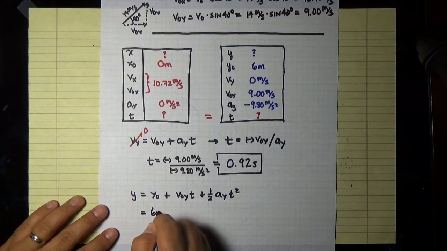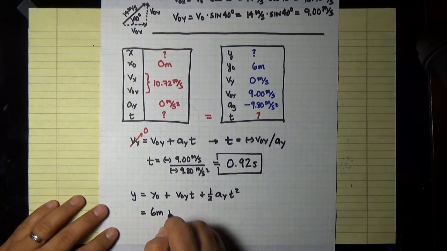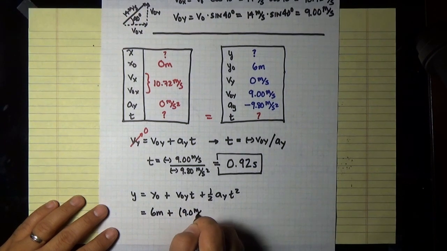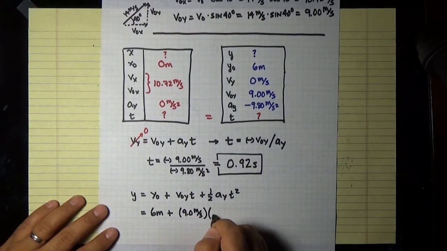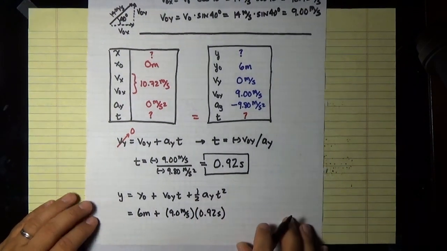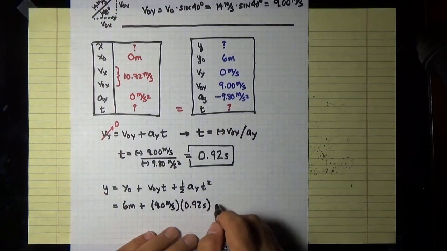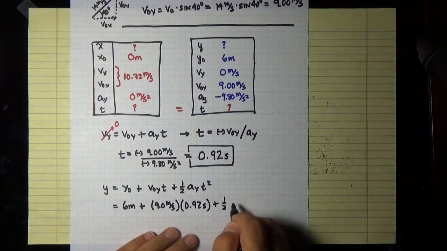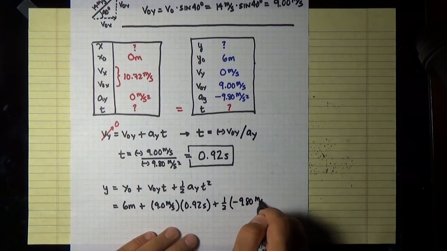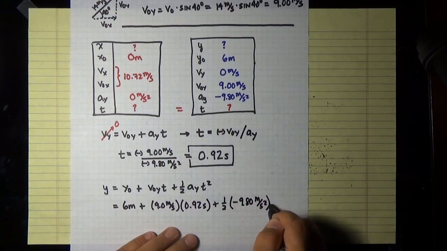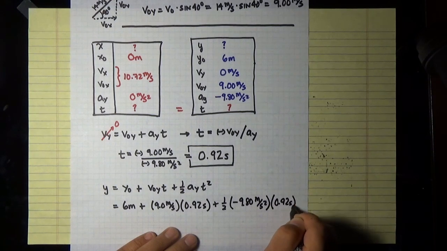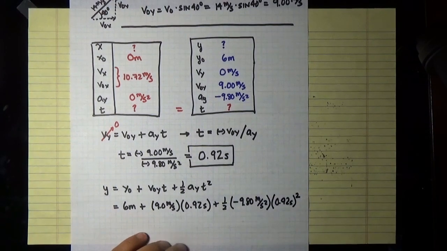This is 6 meters, my initial y position. My initial y speed is 9.0 meters per second. My time, as we just computed, is 0.92 seconds, plus a half times minus 9.80 meters per second squared, times the time, which is 0.92 seconds, squared.